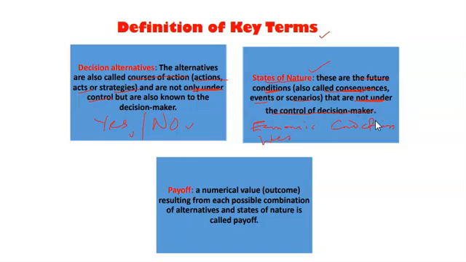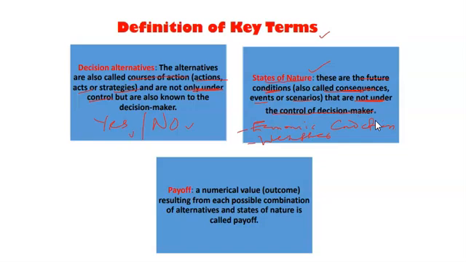The weather is not under your control, for instance. As a production manager, whether it's going to rain tomorrow or not, you don't know. It's not under your control. But what is under your control is to decide whether you are going to produce or not to meet the market demand tomorrow.